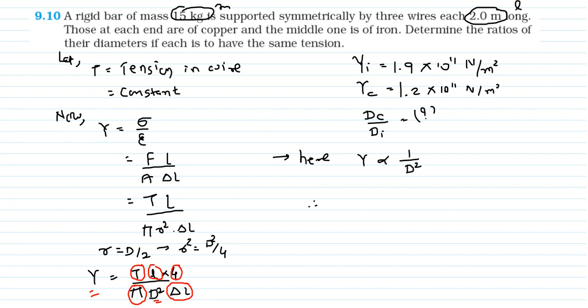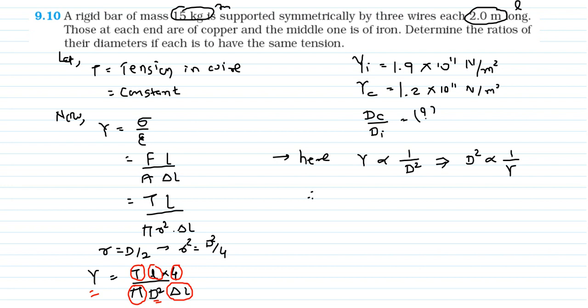Therefore, Young modulus of iron, okay, here you can say that implies d square is proportional to 1 upon Y.